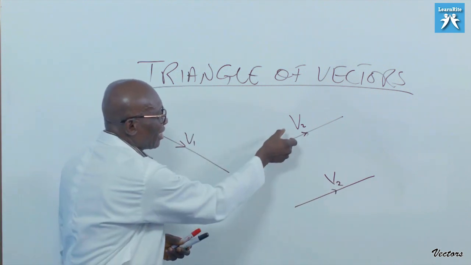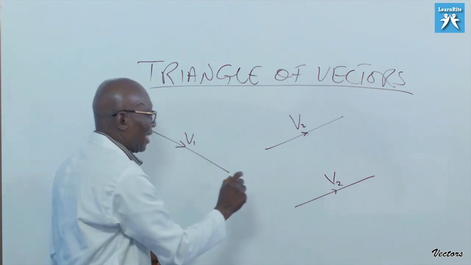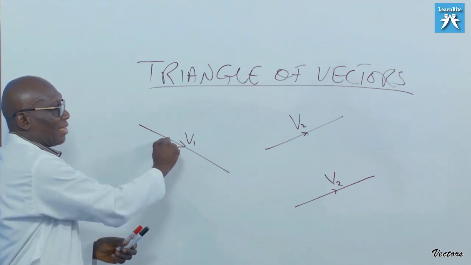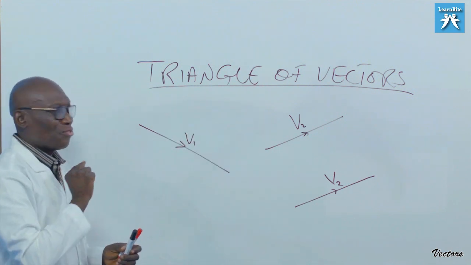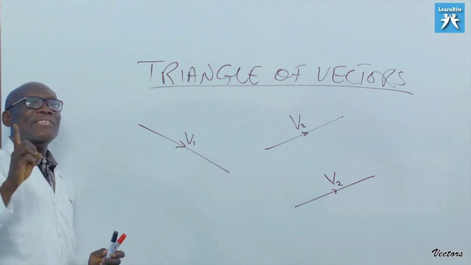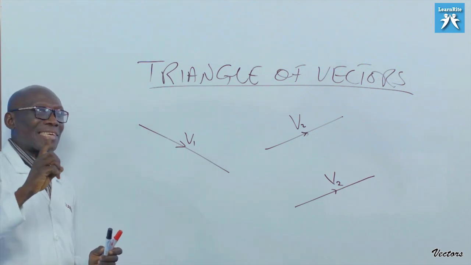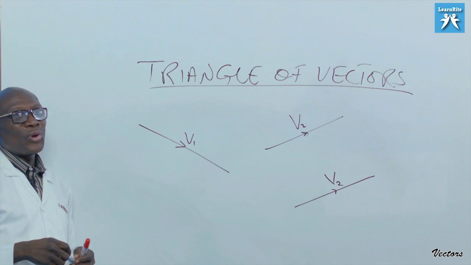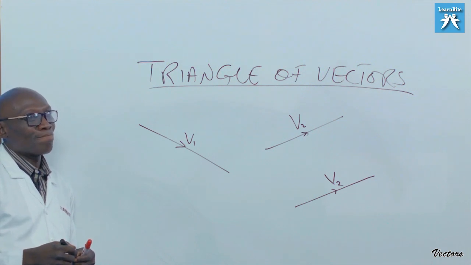And this, the same vector V2, I've brought it back. And I'm going to take the other one and join it with it, such that their arrows will follow a sense of direction.